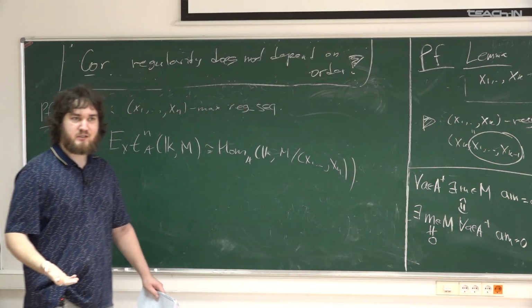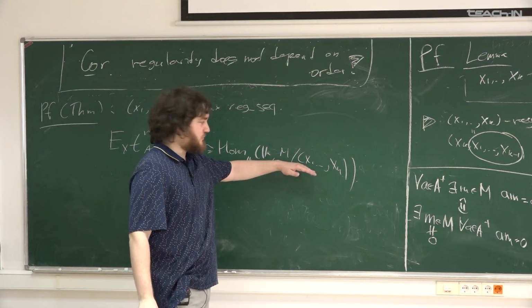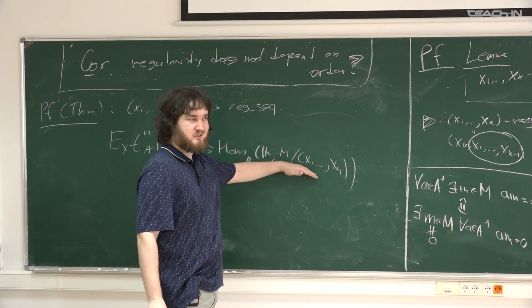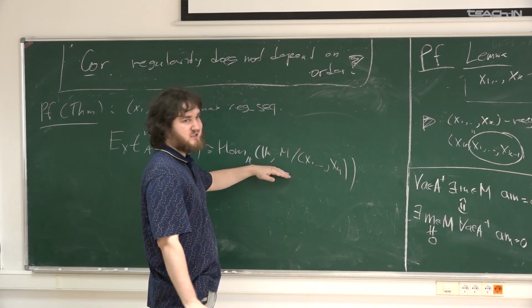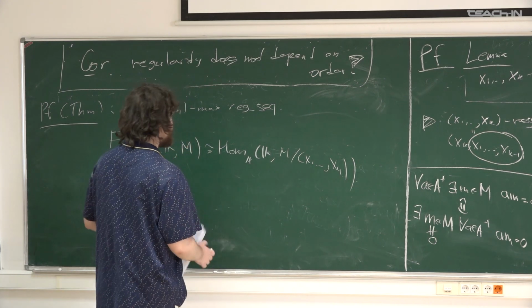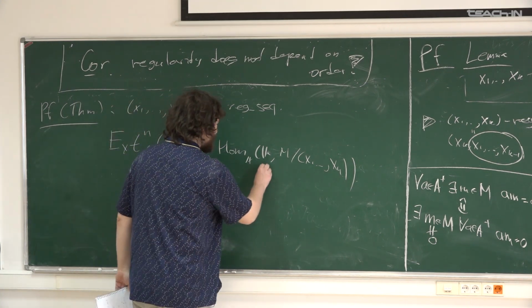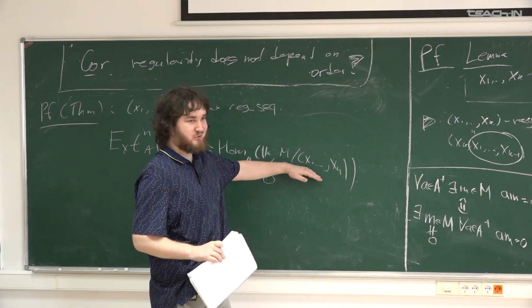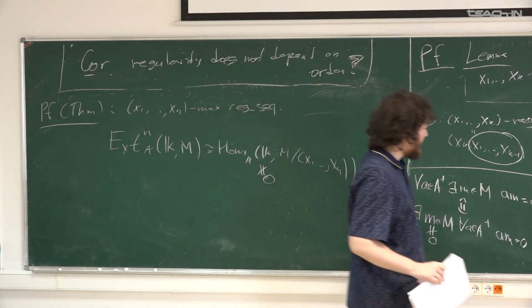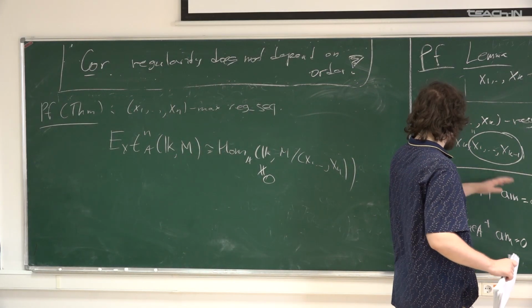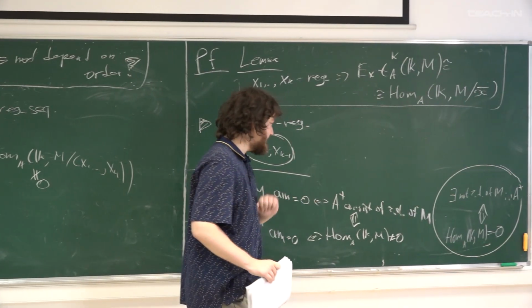And maximality of the regular sequence means that all elements are zero divisors in the quotient. And by the observation, this means that this Hom is non-zero. Sorry, not zero: if I have no non-zero divisors, that is, all my elements are zero divisors, then Hom is non-zero.